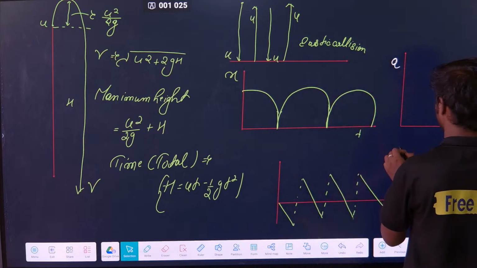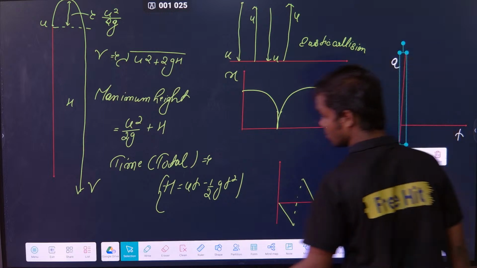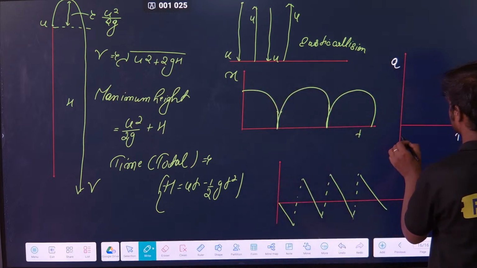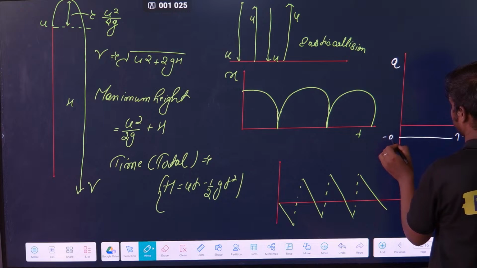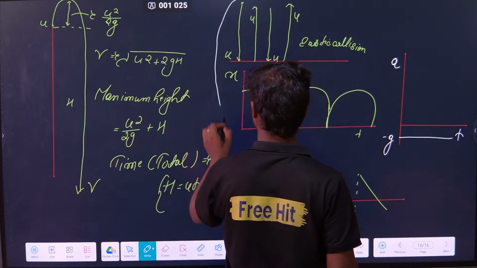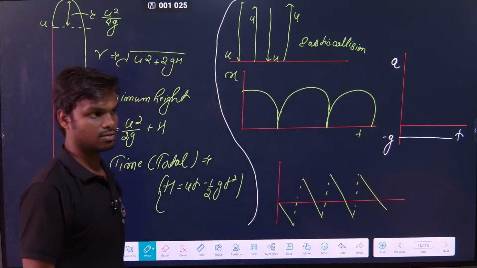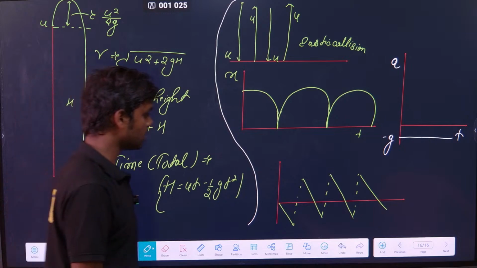First of all, let me make it very clear to you that the acceleration direction does not change. The acceleration direction is always fixed, minus g. So these are the graphs for this case. Clear? Please note it down.